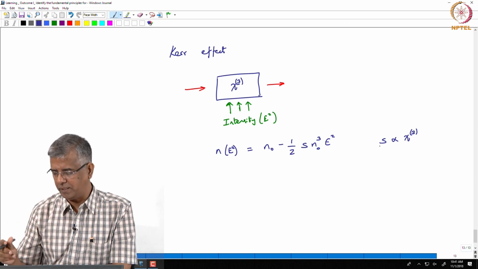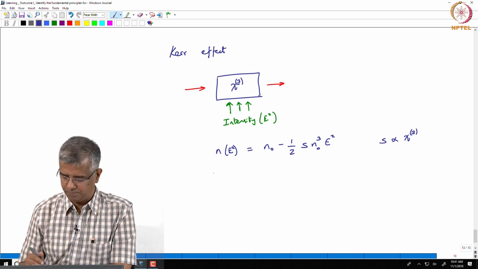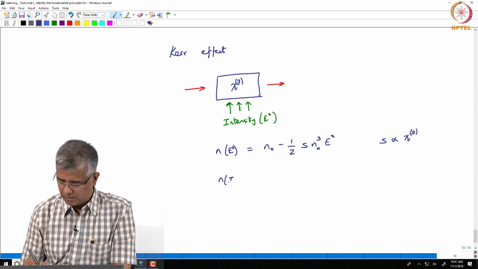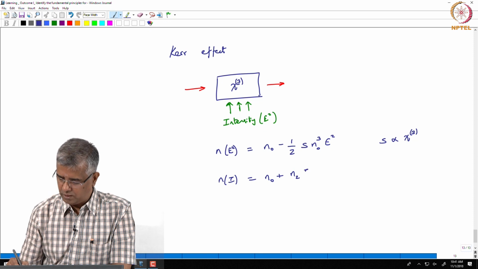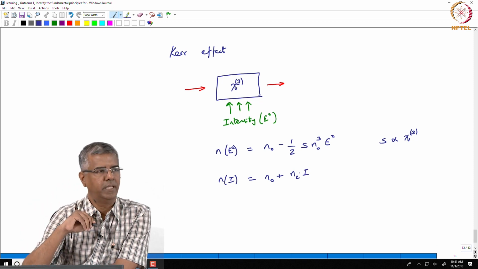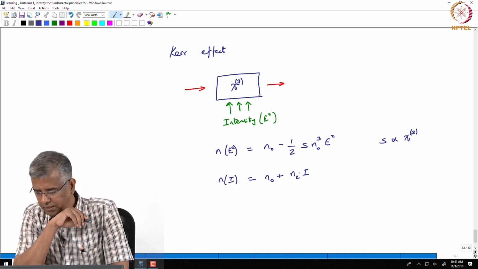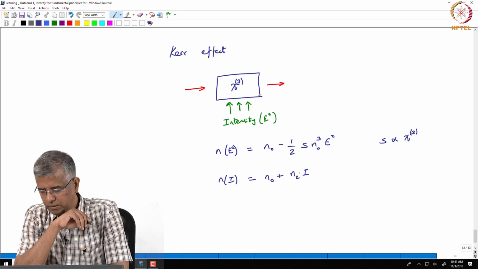Basically through Chi3 and some external intensity you are changing the refractive index of the medium. So, I can write this as n of I equals n naught plus n2 multiplied by I, because my E square is essentially representing intensity, right.